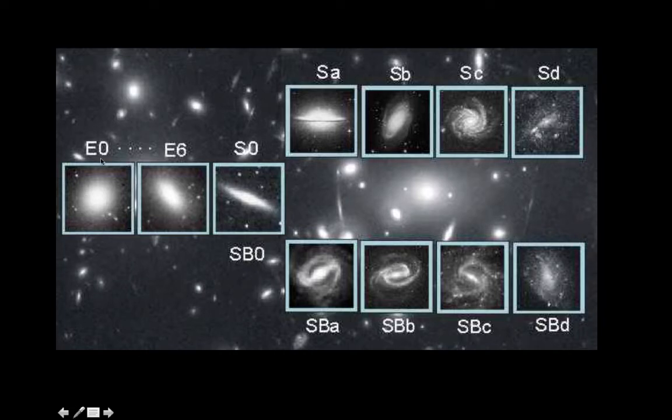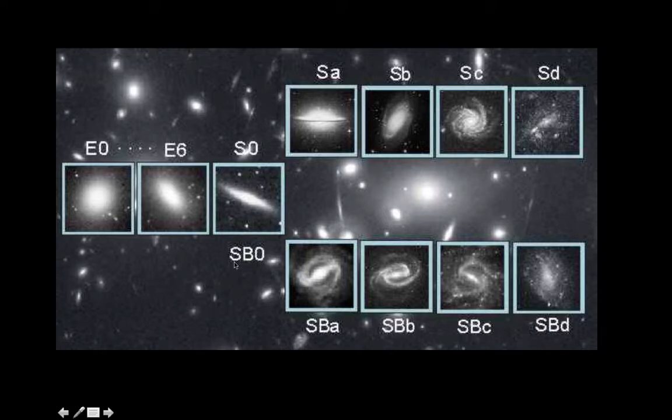Elliptical galaxies are designated E, and they're designated E0 through to E6, where E0 is most spherical, E6 is most ellipsoidal. Then S0 is your basic spiral galaxy. The spiral galaxies can be distinguished firstly by whether they have bars in their central bulge, so whether the central bulge of the galaxy is extended in some direction, has a bar-like structure.